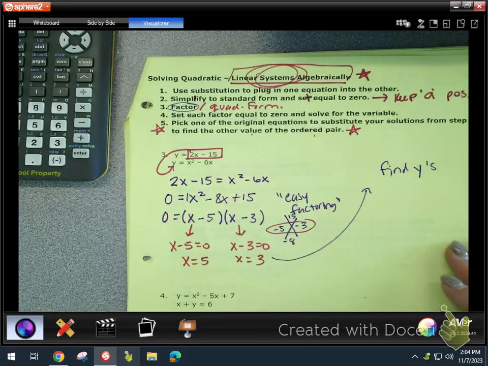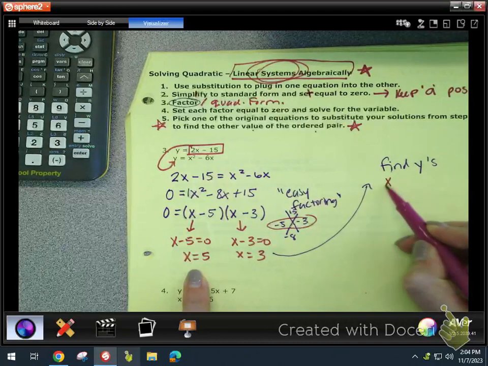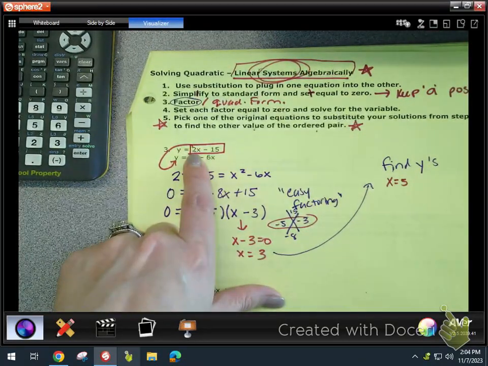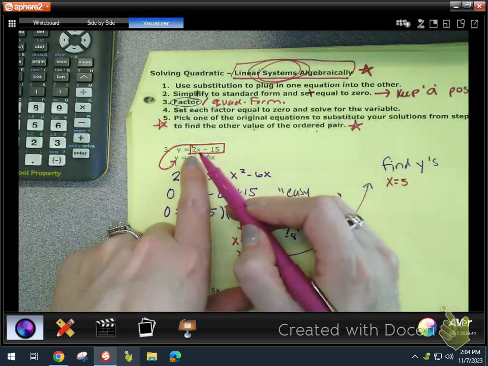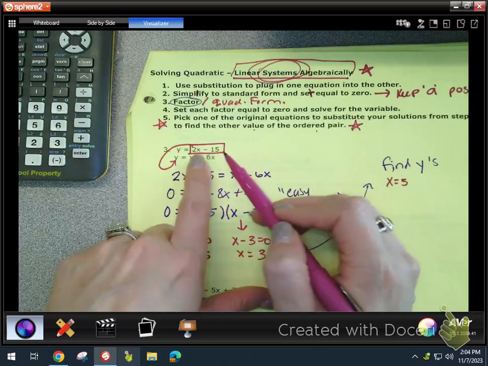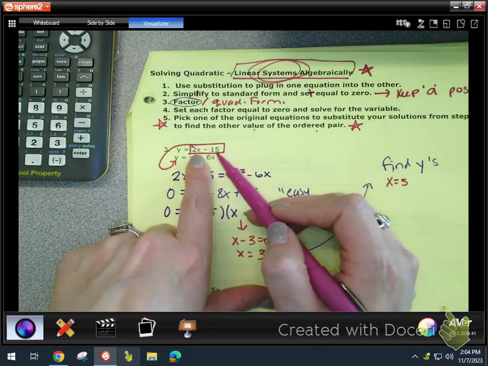Okay? So let's talk about x being 5 first. It doesn't really matter whether you plug back into the linear system or the quadratic. I think probably 9 times out of 10, going into the linear system is going to be easier.